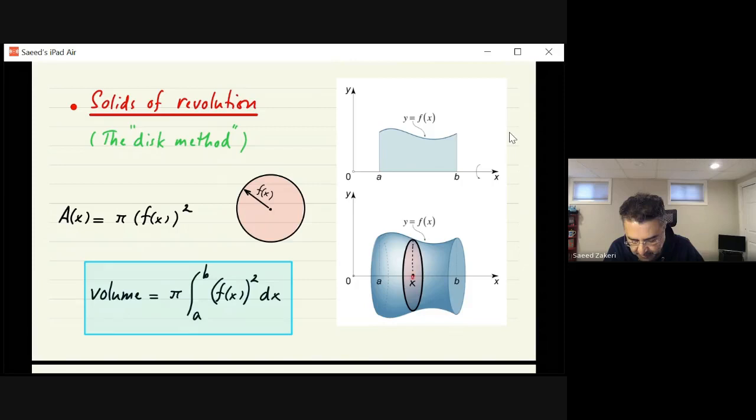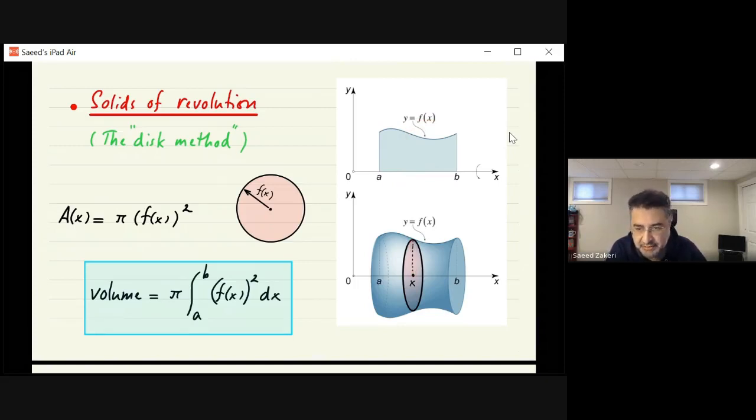If this cut is made above x, the radius is this height, which is the y-coordinate of this point, f of x. So this cross-section is a disk of radius f of x.